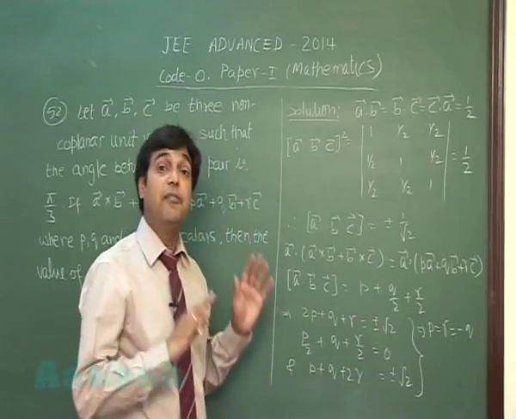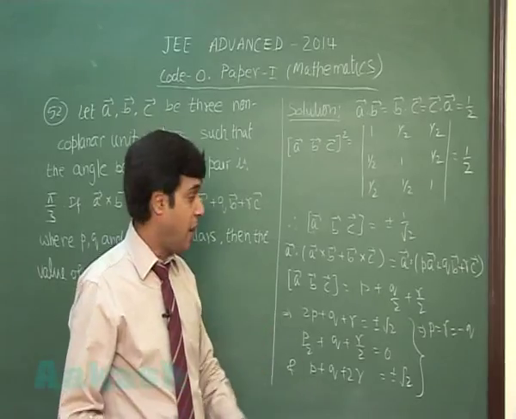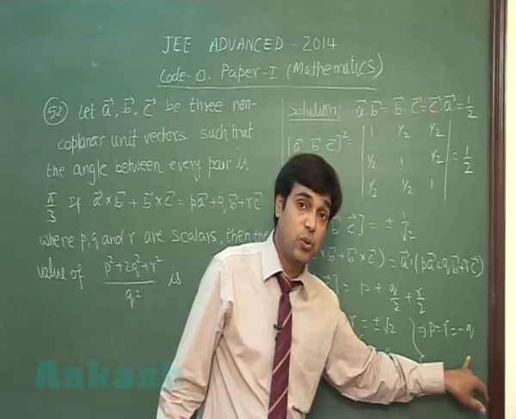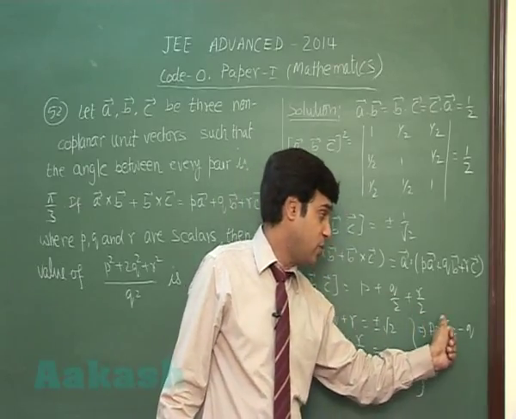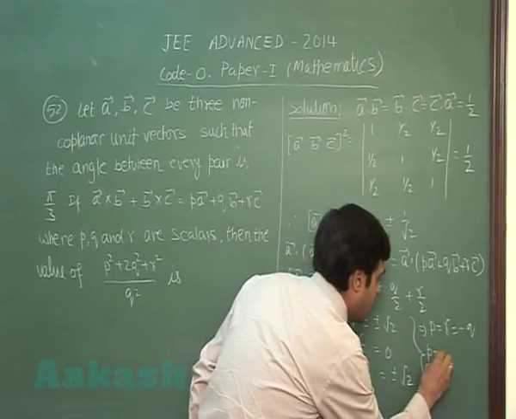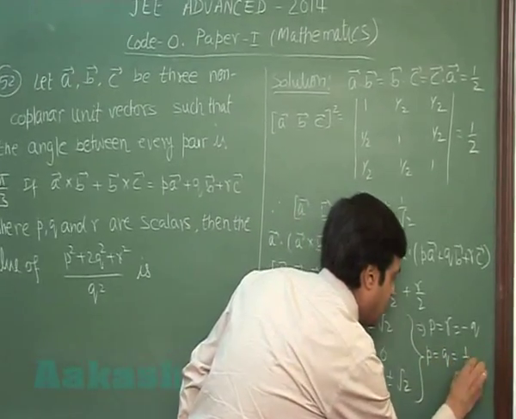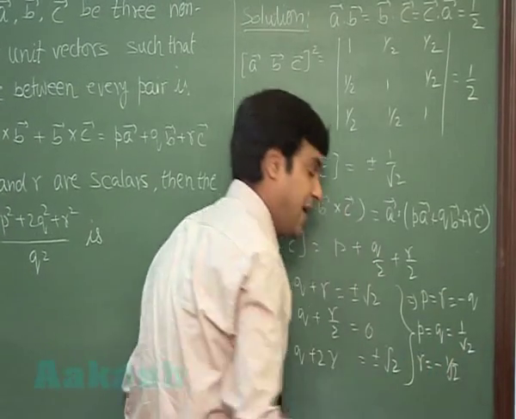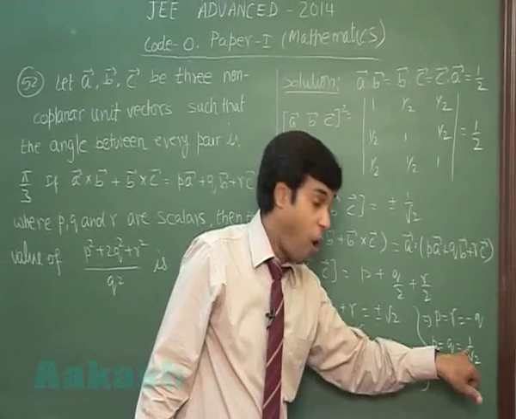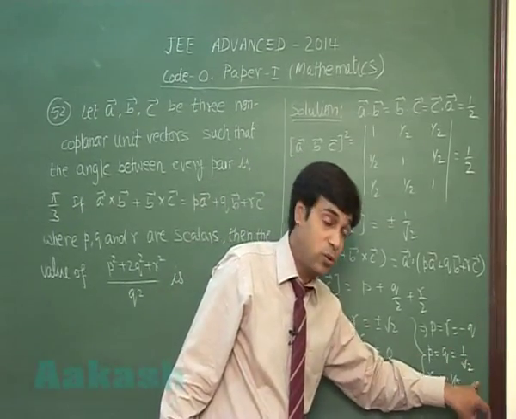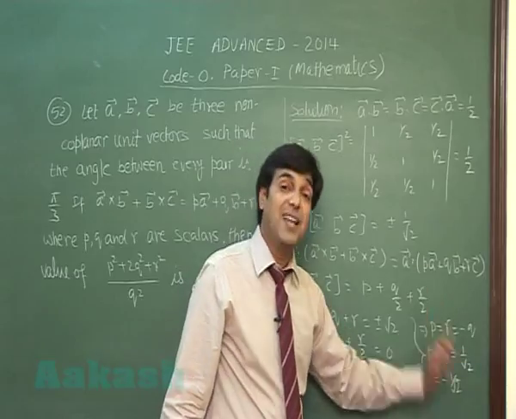Further simplifying, we get the values for P, Q and R as 1 by root 2, minus 1 by root 2, 1 by root 2, or, when we take the negative sign, P equals R equals minus 1 by root 2 while Q becomes plus 1 by root 2.